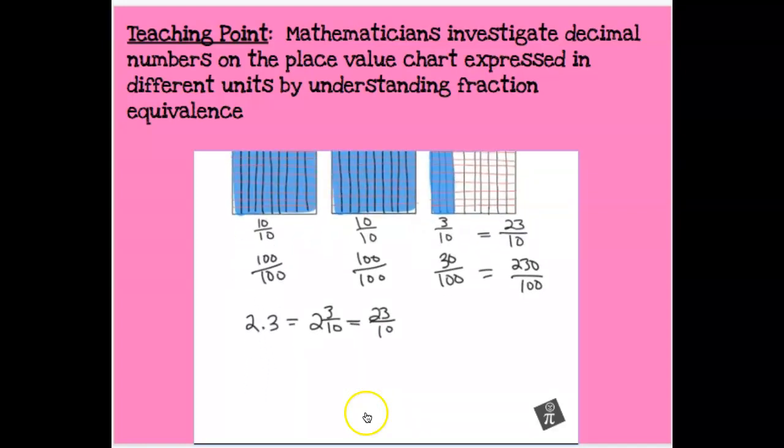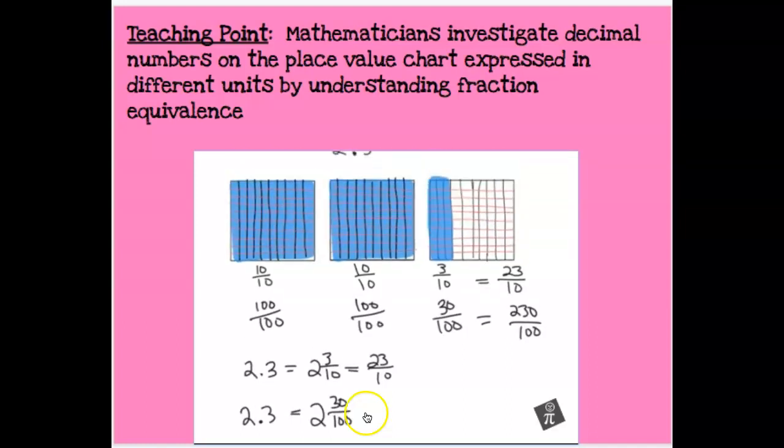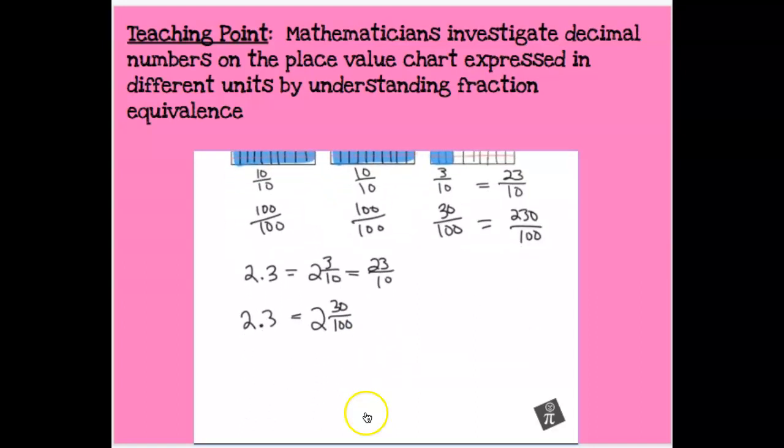Or I could think of 2.3 as 2 and 30 hundredths, because really, if you think about it, what used to be 3 strips is now actually 30 little squares, and so I could think of this as 2 and 30 hundredths, which is equal to 230 hundredths.